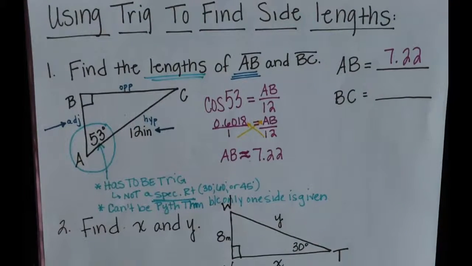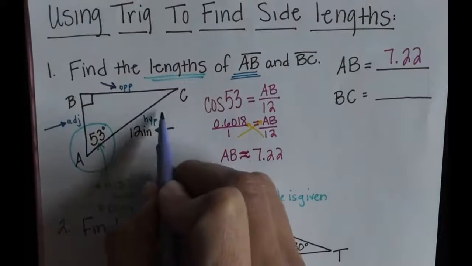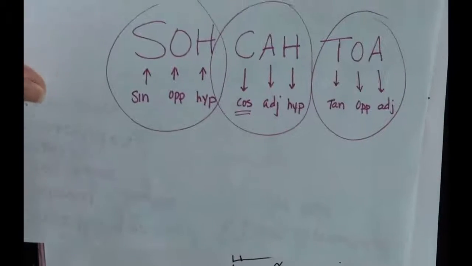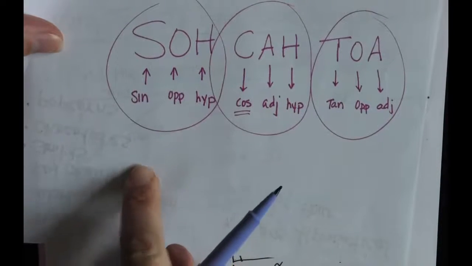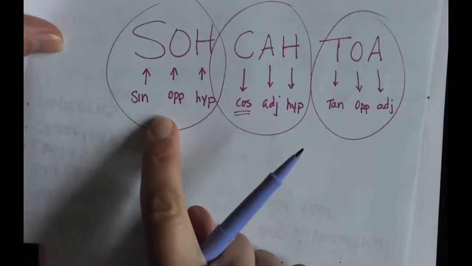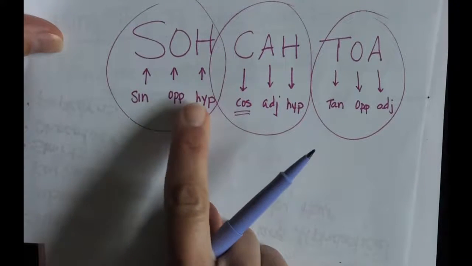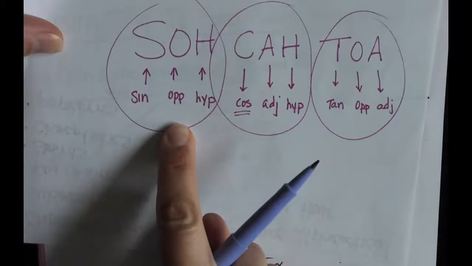So if I'm looking at opposite and hypotenuse again, those are my 2 knowns. I look for opposite and hypotenuse up here. And where opposite and hypotenuse fall in the same category, it's with sine. So that's why I'm choosing sine, because I can fill in everything according to this equation.